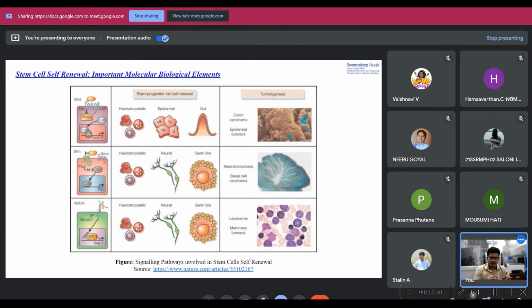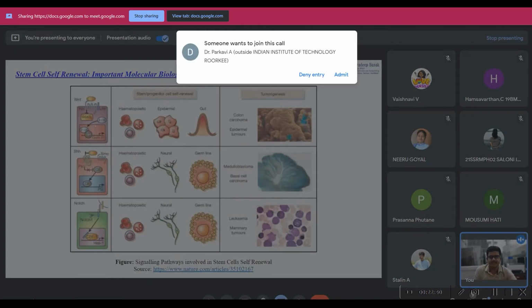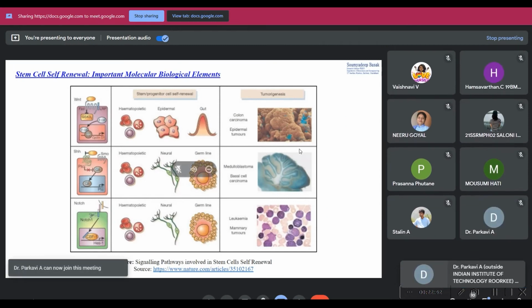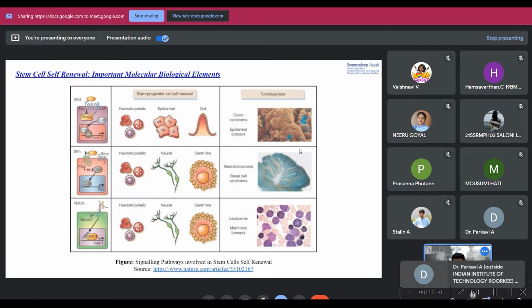There is also another term, cancer stem cells, that is of much concern, because cancer stem cells carry a much greater risk of metastasis.